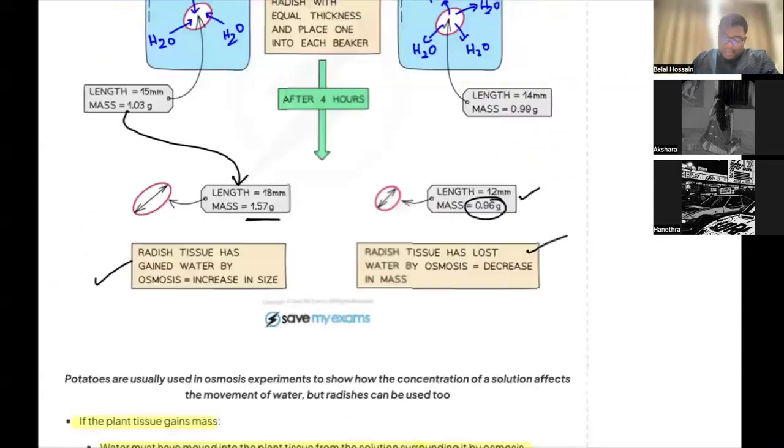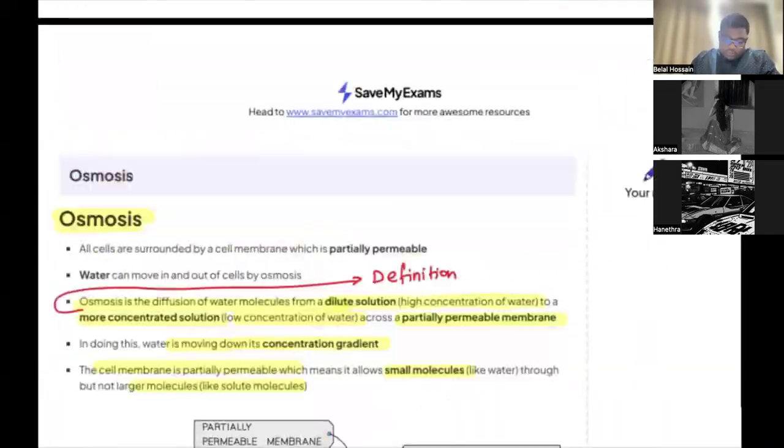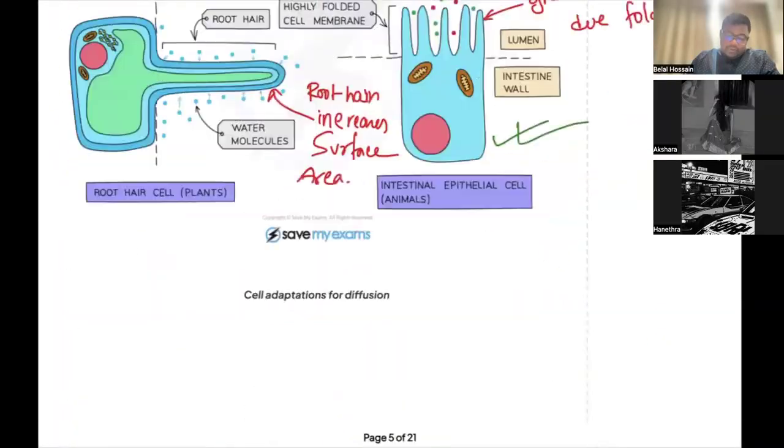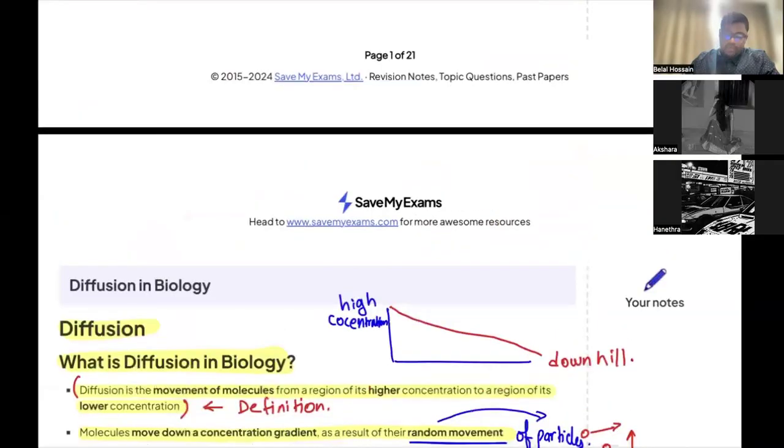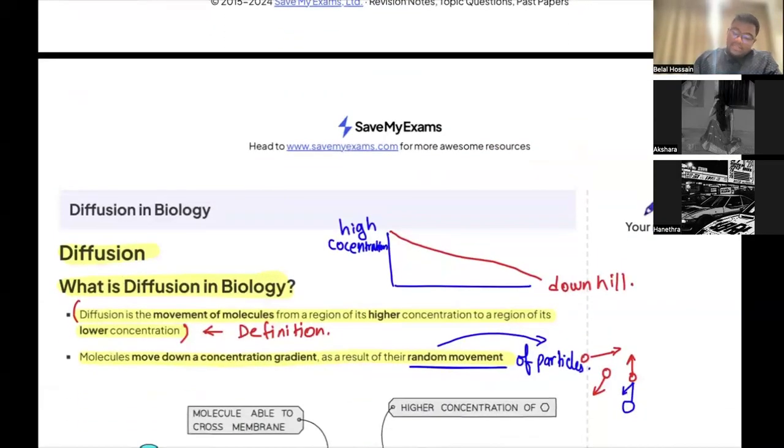Okay, let's go back up and talk about diffusion a little bit. Is diffusion active or passive? Active means need energy from respiration, and passive means does not need energy from respiration. Can anyone answer? Is diffusion active or passive? I think it's active. Diffusion is passive.